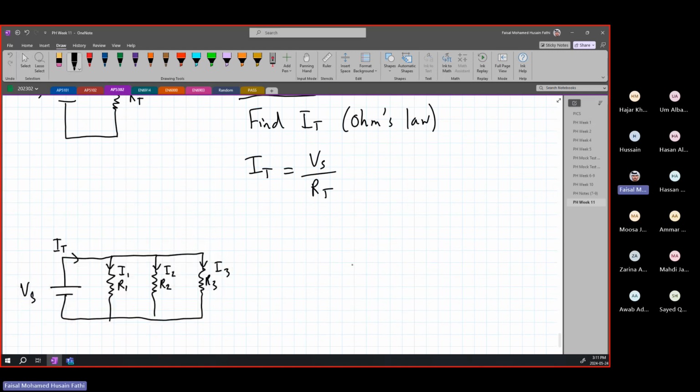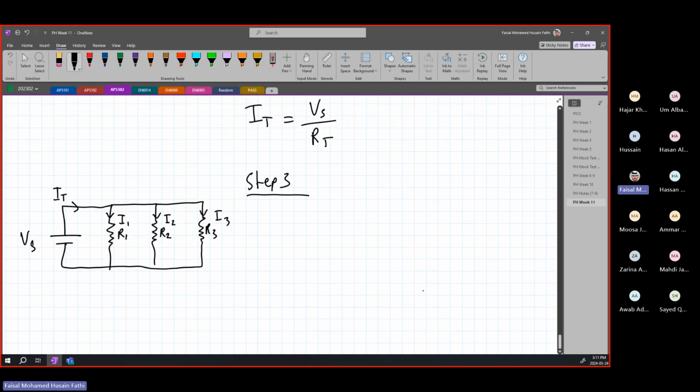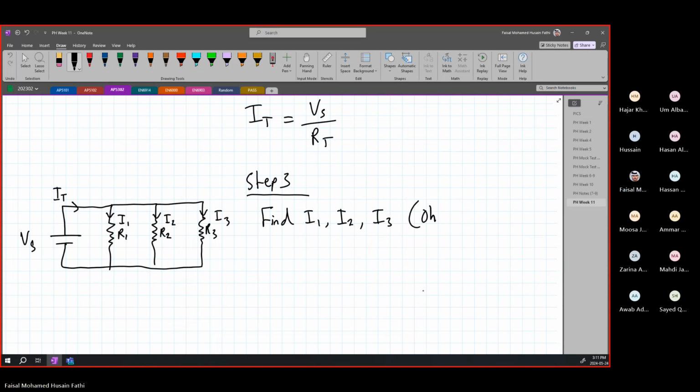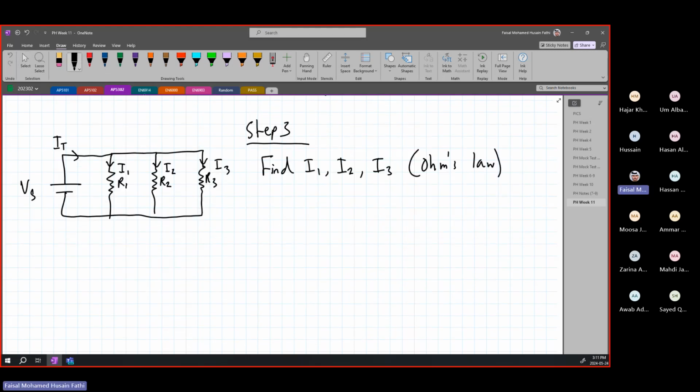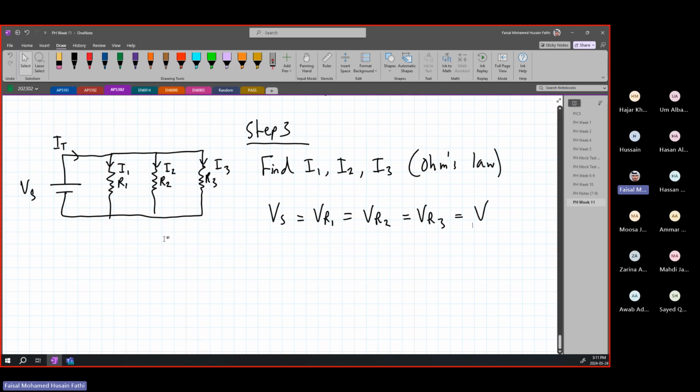Last time our step 3 was finding our voltage drop. In this case, we need to find I1, I2, and I3, again using Ohm's law. We do not need to find the voltage drop because we already know that Vs is equal to VR1, equal to VR2, equal to VR3, because this is a parallel circuit, and we'll call them all V. They're all equal to each other in terms of voltage.